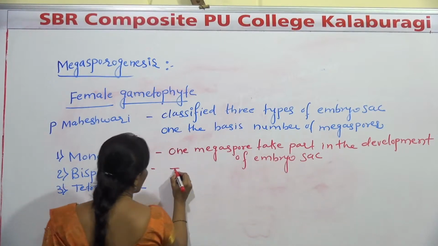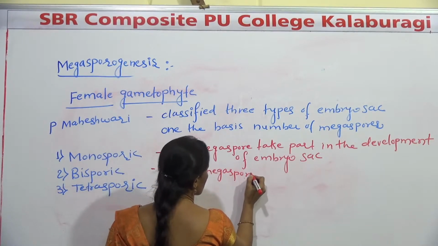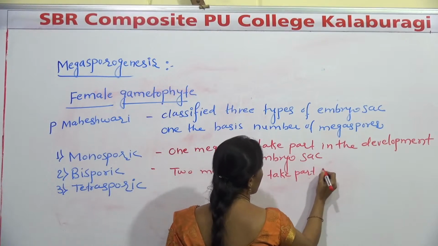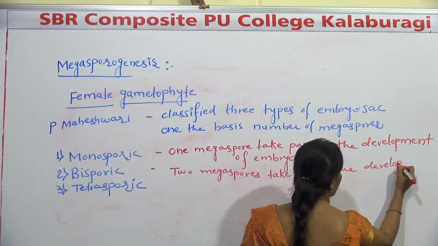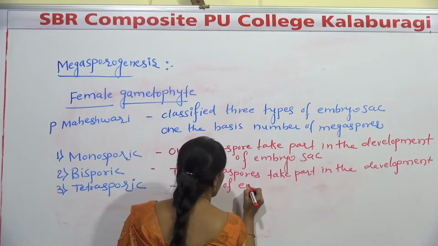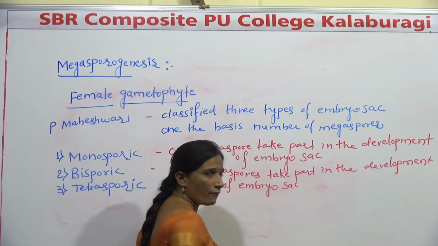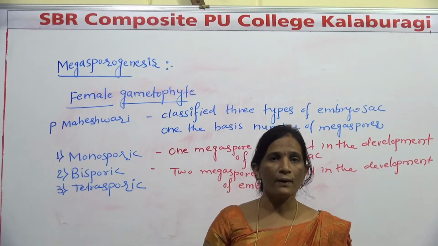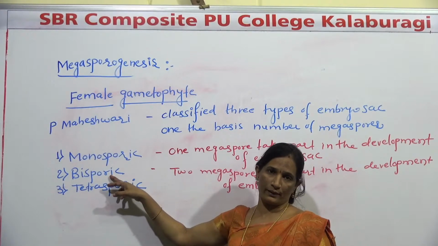If 2 megaspores take part in the development of the embryo sac, that is called bisporic.